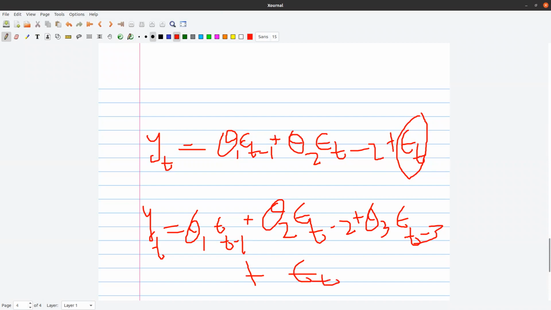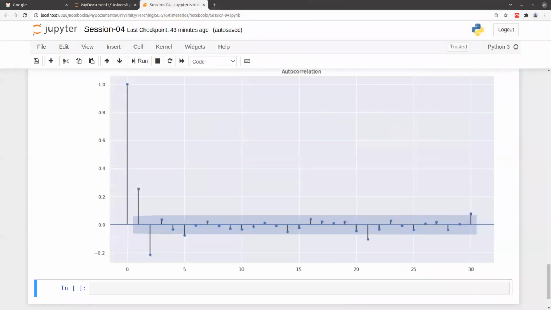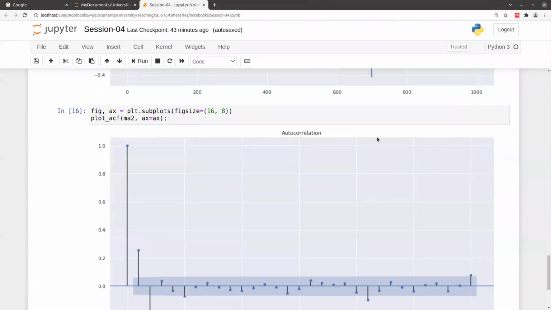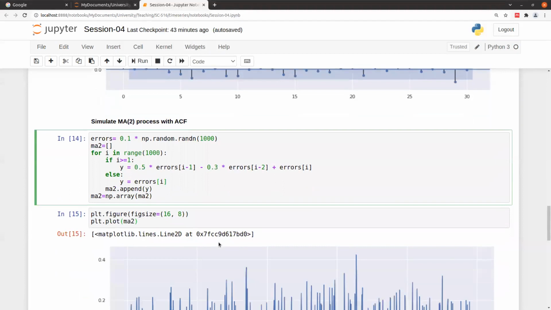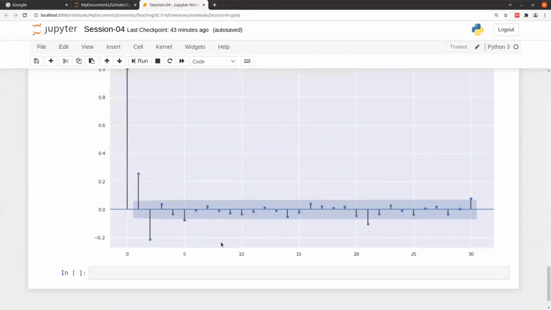That's all. Then you can simulate it, right? In the code you just have to add error t minus 3 with some random value, plus or minus, you can play around, then check what happened, right? So that's what is called the ACF plot, right?